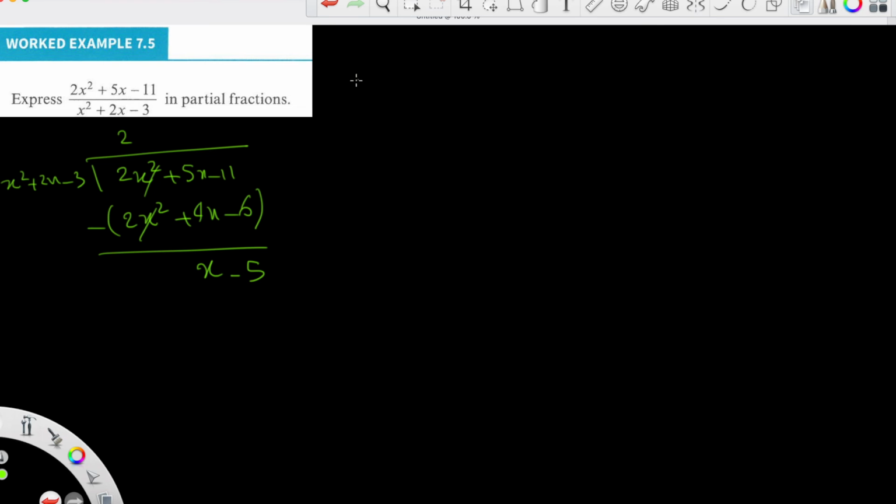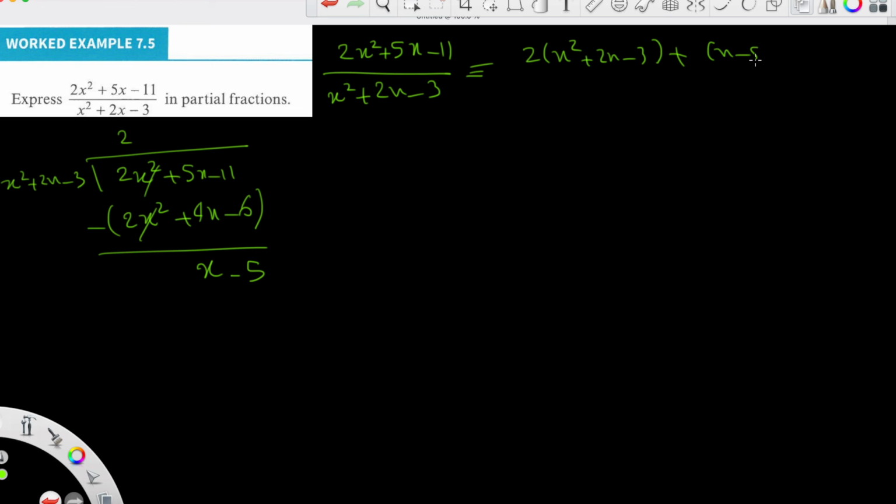Now I rewrite this fraction. (2x² + 5x − 11)/(x² + 2x − 3) can be written as quotient times divisor, which is 2 times (x² + 2x − 3), plus remainder, which is x − 5, over x² + 2x − 3.